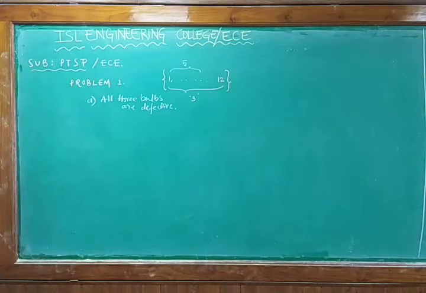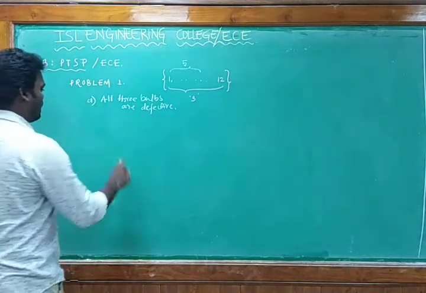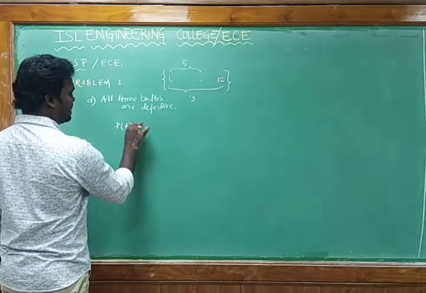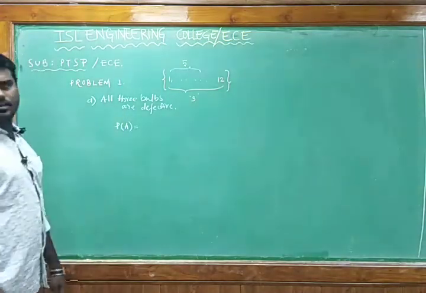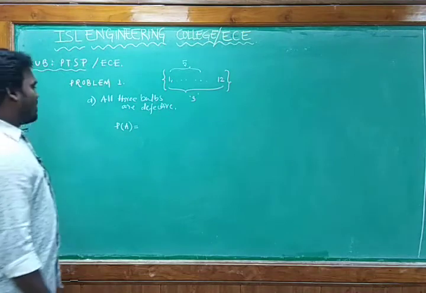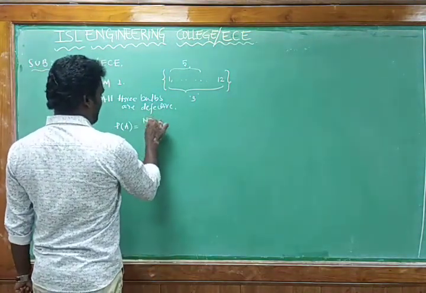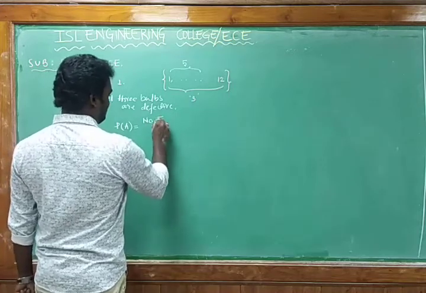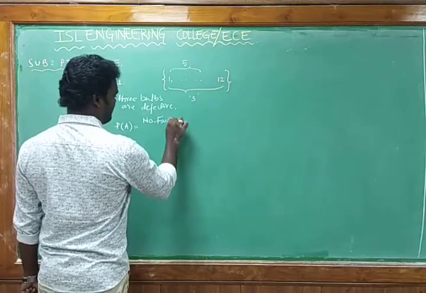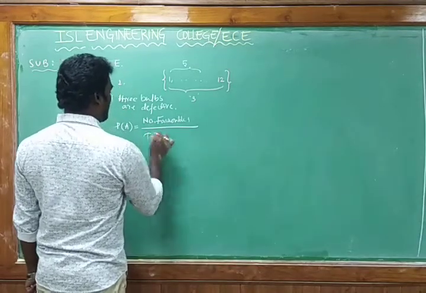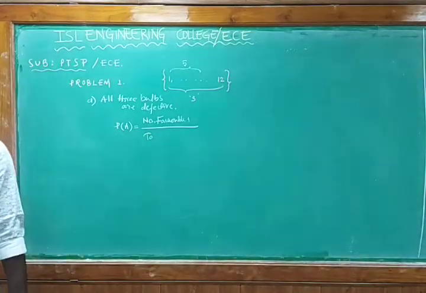I am going to solve this question, and we know the definition of the probability of an event. Assuming the event is A, the probability of A is equal to the number of favorable cases divided by the total number of possible outcomes, which is nothing but the sample space.